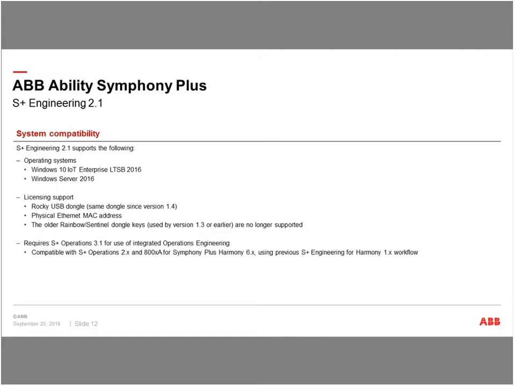For HMI compatibility, if you choose to upgrade your HMI also to Symphony Plus Operation 3.1, the version released at the same time as Engineering 2.1, you get a new, enhanced, more tightly integrated workflow. We will talk about that later.